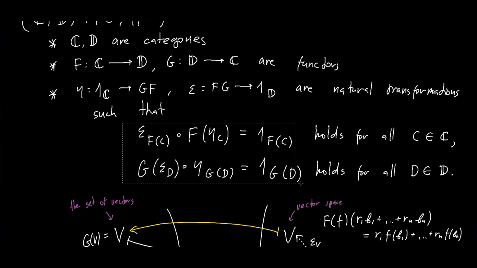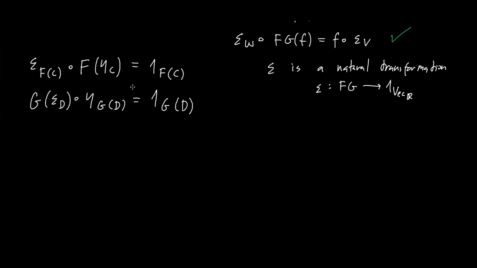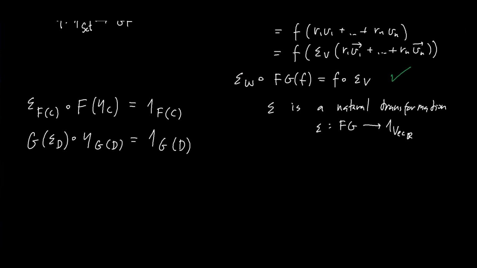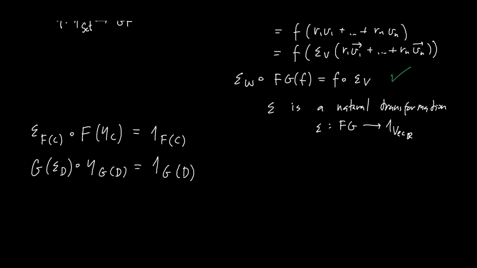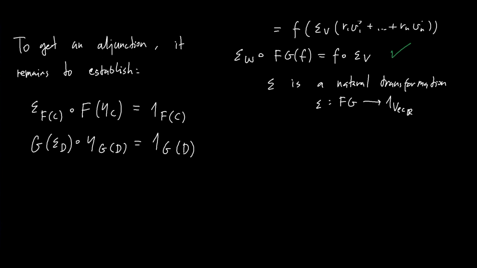So let's copy these out and then interpret them in our specific scenario. Maybe at this stage, I'm going to write here what we're trying to do. To get an adjunction, it remains to prove, it remains to establish these two identities.